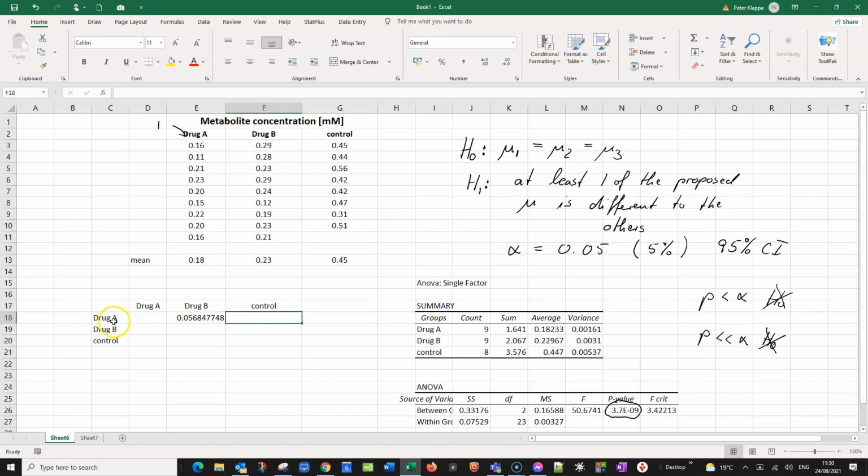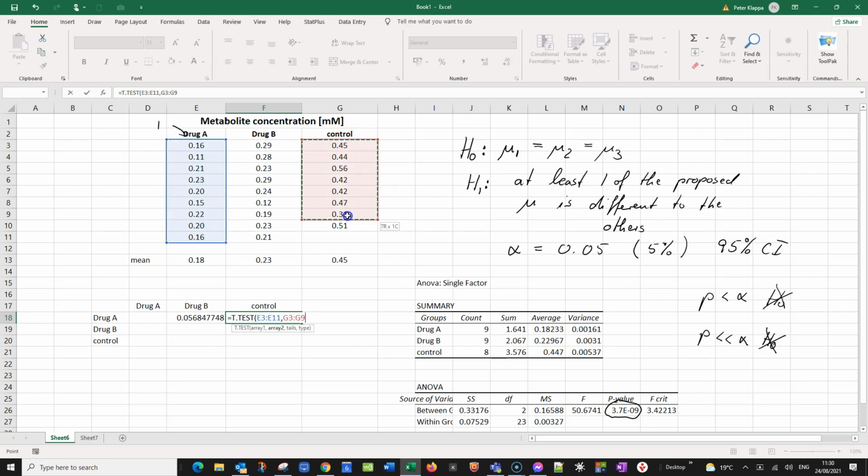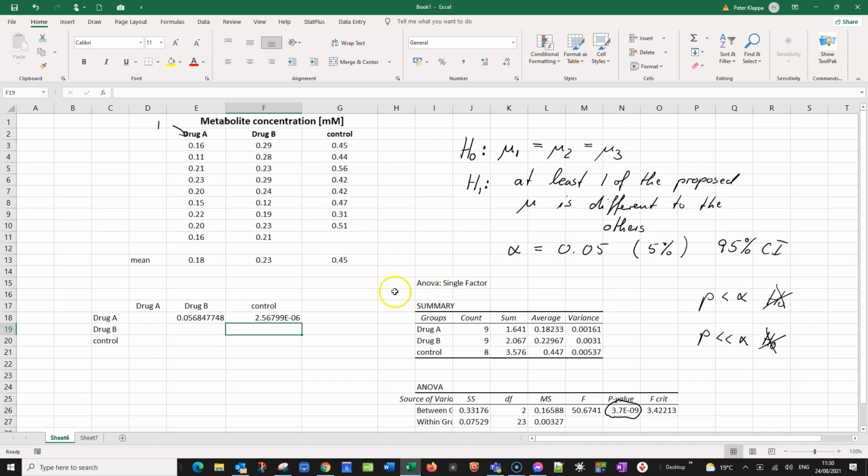Now we compare drug A with the control, equals t-test. And we do exactly the same thing. We compare A with the control. We do a two-tailed and different variances. We get a very low p-value for that. Now, we don't need to compare drug B with drug A because we've done that.